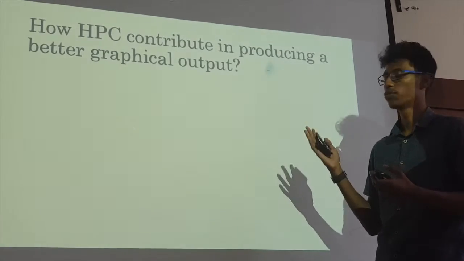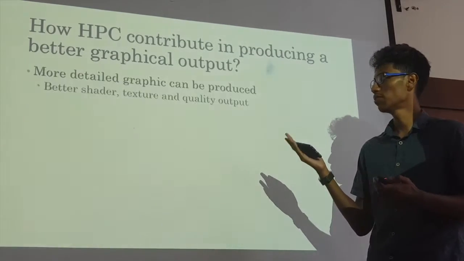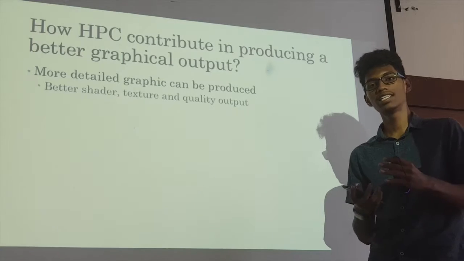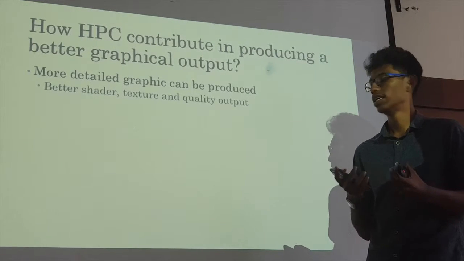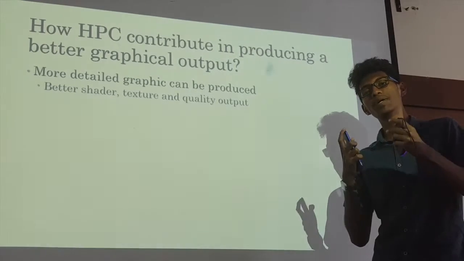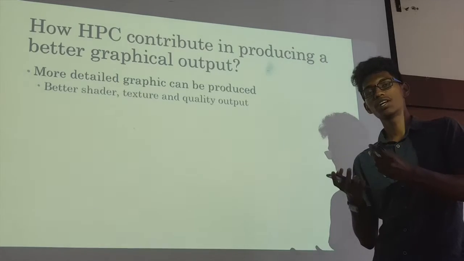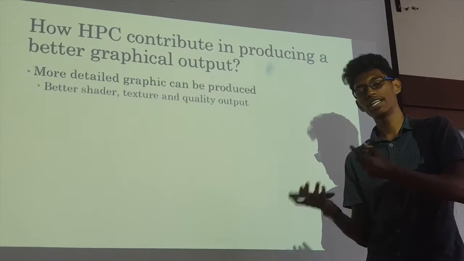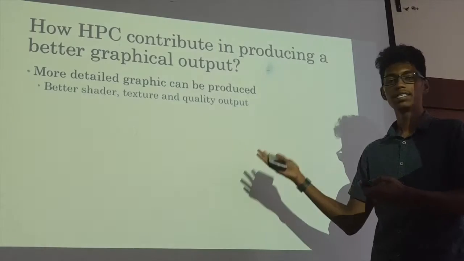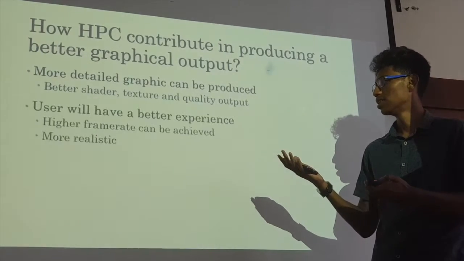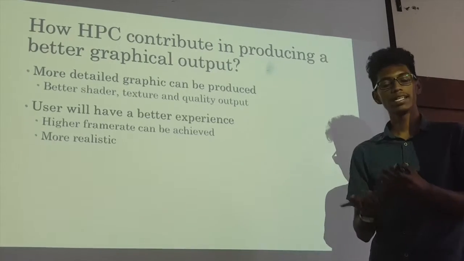So how does it help to improve graphical output? First of all, it can produce more detailed graphics, which means better quality of the picture or the animation, shadow and texture. Next, the user will have a better experience.